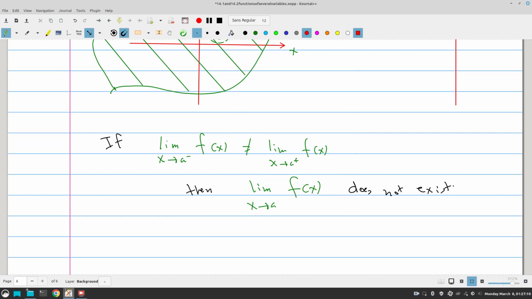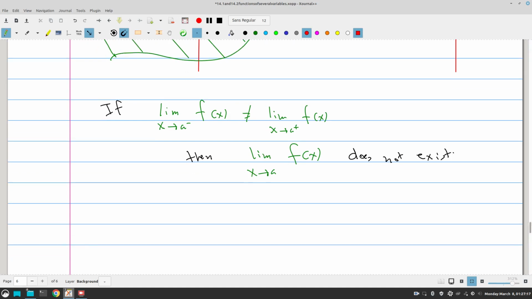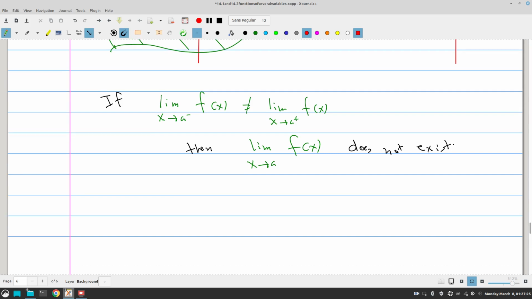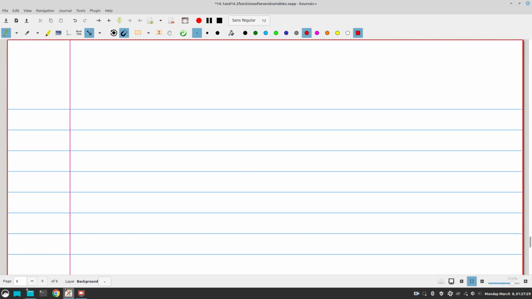Okay, so recall that I said that if x goes to a minus of f of x is not equal to x goes to a plus of f of x, then the limit as x goes to a of f of x does not exist. Now, in multivariable calculus, there are infinitely many ways to get to a point.